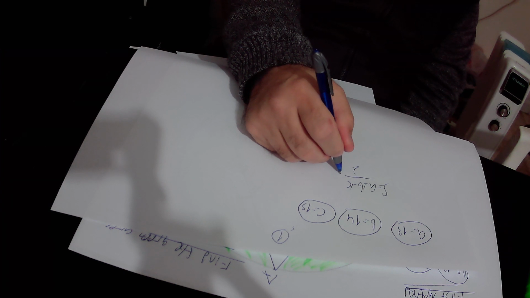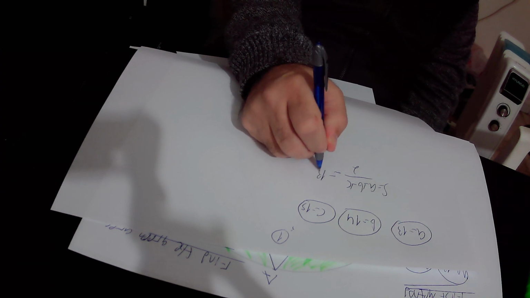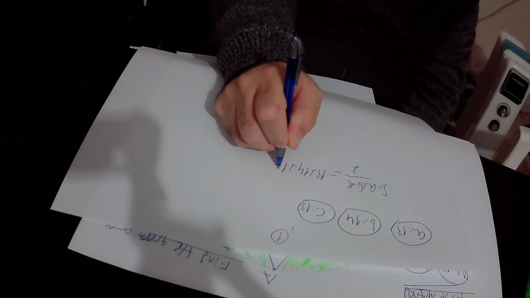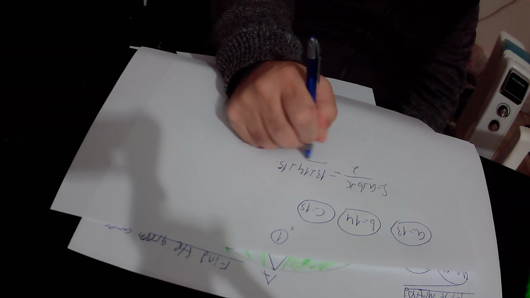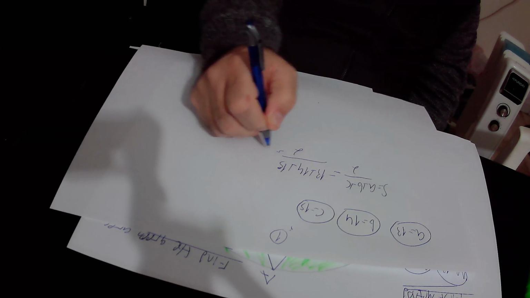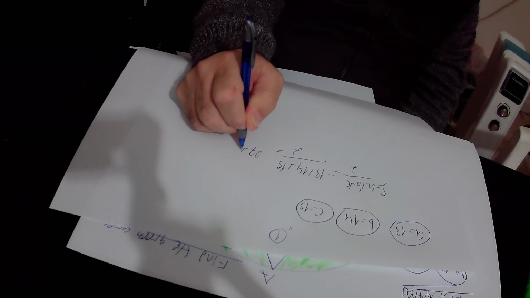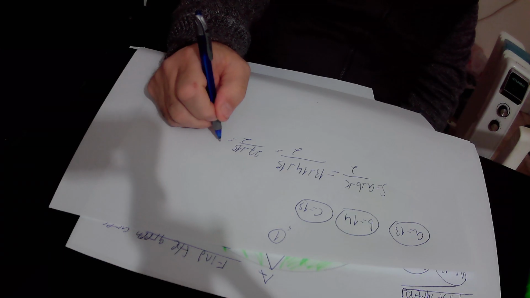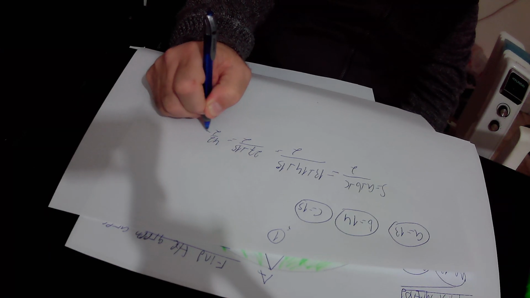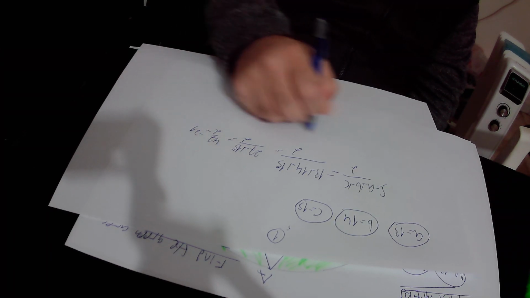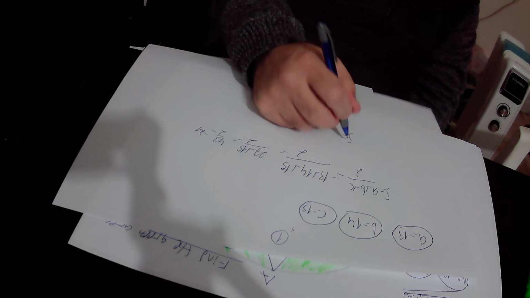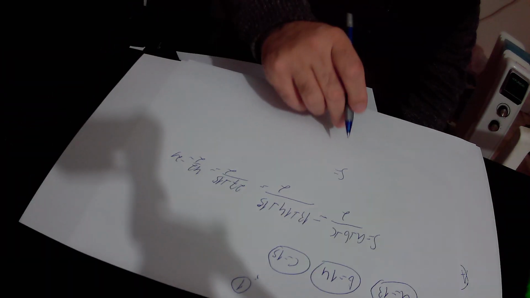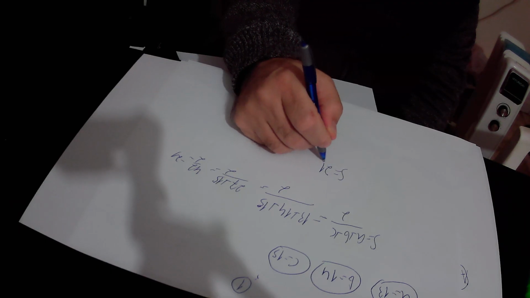So the semi-perimeter S equals a, that is 13, plus b, that is 14, plus c, that is 15, over 2. 13 plus 14 is 27, and 27 plus 15 is 42, and 42 over 2 is 21. So in conclusion, we found that the semi-perimeter S of triangle ABC equals 21 units.